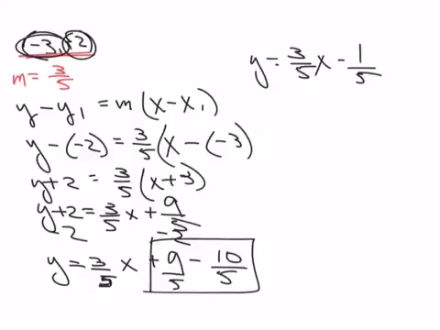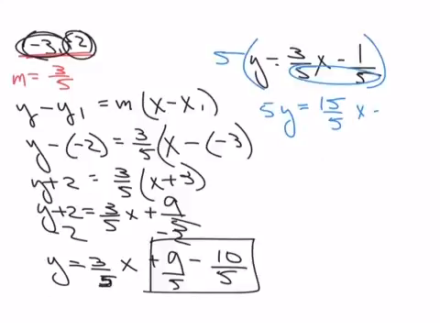Now the book came up with a different answer, but not really so different. What they did is they decided, you know, we don't like fractions. Let's multiply this whole thing by 5. That's the common denominator here. So 5 times y equals 15/5 x minus 5 over 5. So 5y equals 3x minus 1. And they got that.